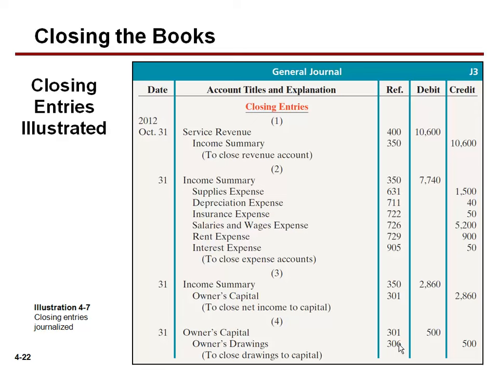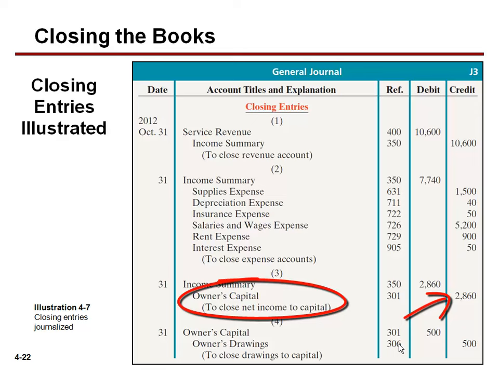The third closing entry is to take the balance in the income summary account, a $2,860 credit entry, and zero that account out by making a debit entry to income summary, in effect transferring that credit into the permanent owner's capital account, $2,860.